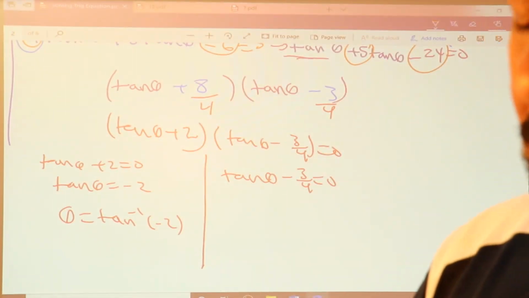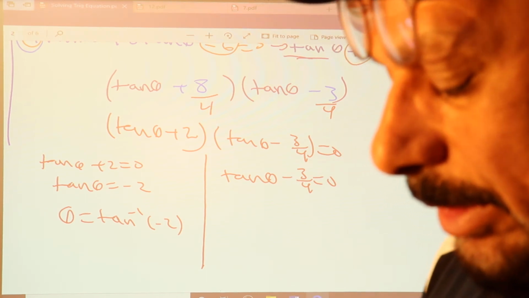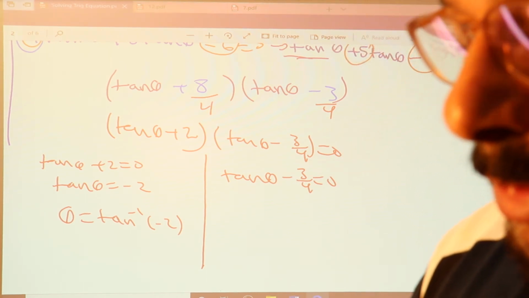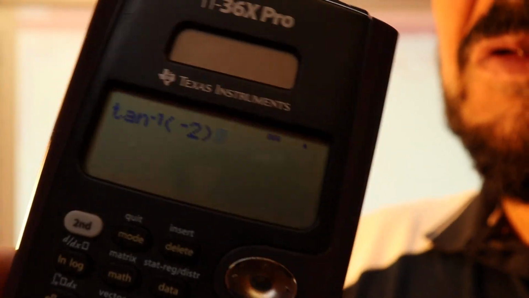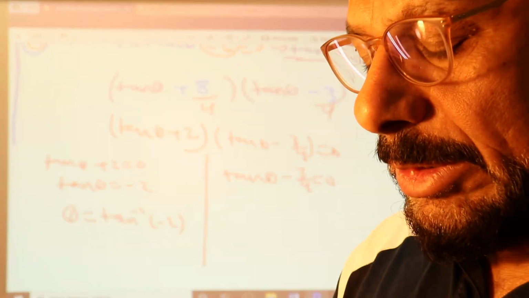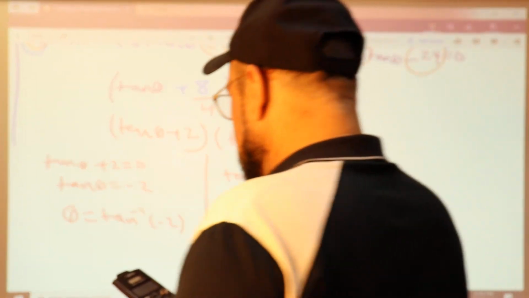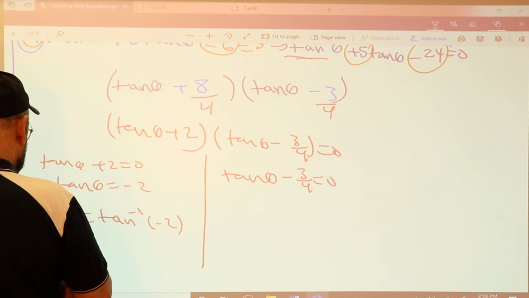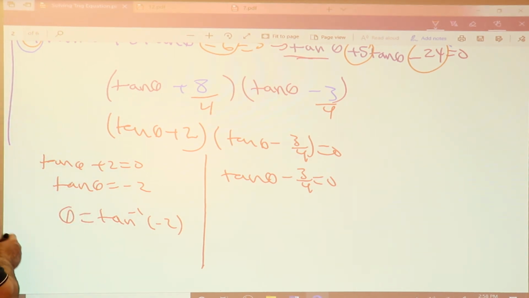Tan inverse of negative 2. Enter. Negative 63 degrees.